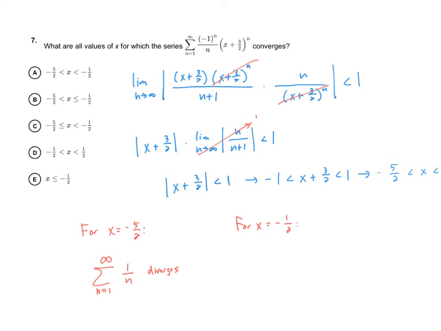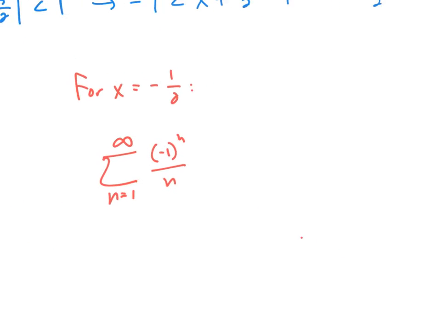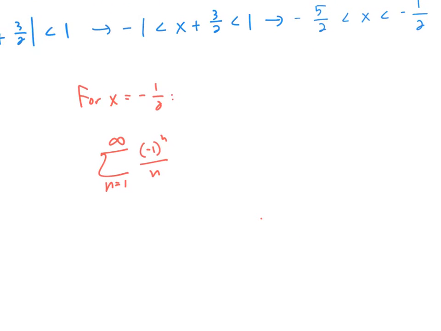If you plug in -1/2, this becomes 1 to the n, which is always 1, so we just ignore that. So this is really just that. This is an alternating series, so we can do the alternating series test, and this passes.